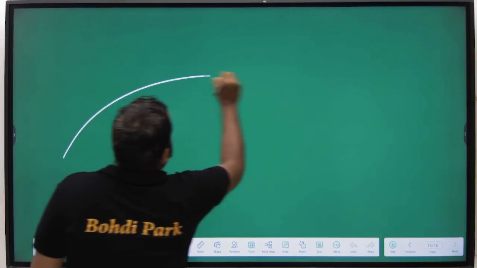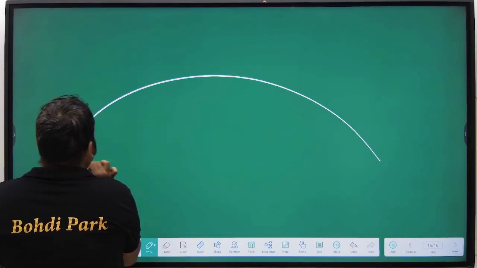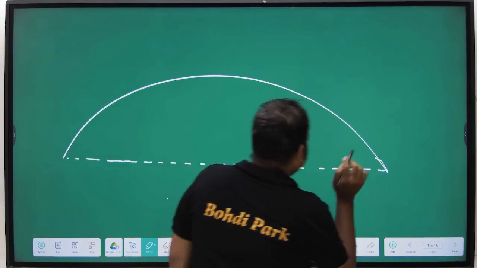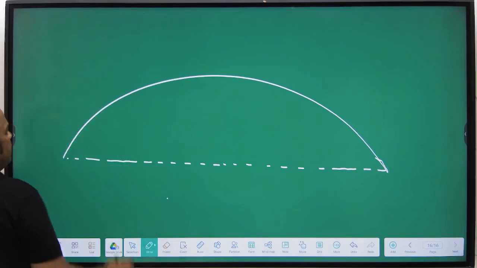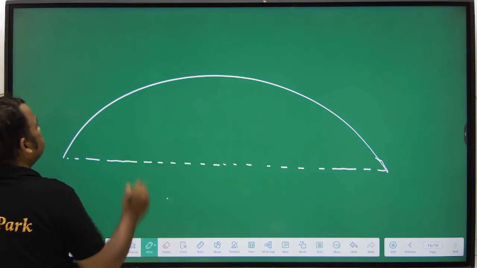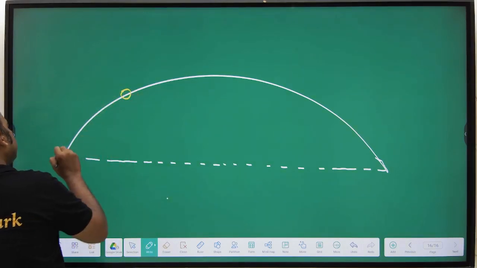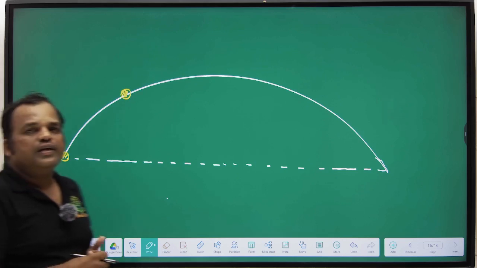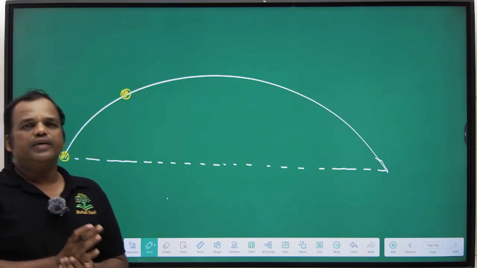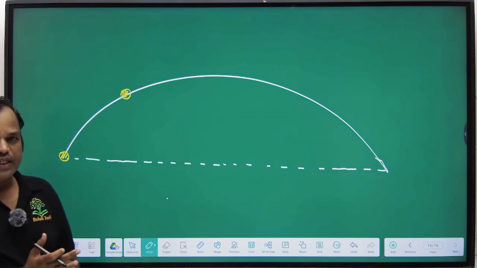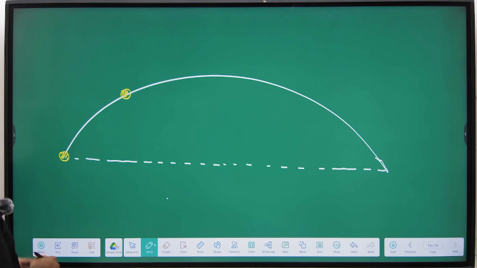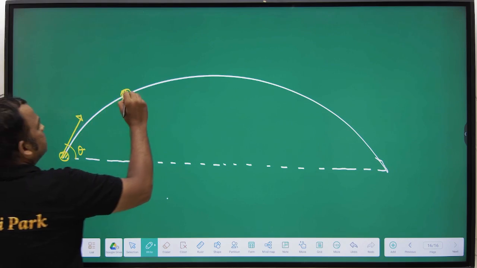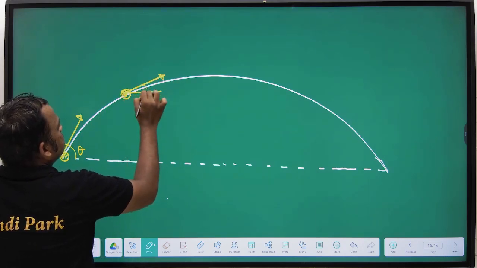Now let's draw the projectile path. So this is the projectile path, this is the ground level. When the particle is going up, during the ascent, we are observing that the angle it makes with the horizontal, that is the angle of inclination, is decreasing. If the initial angle is theta, after some time the angle becomes alpha.